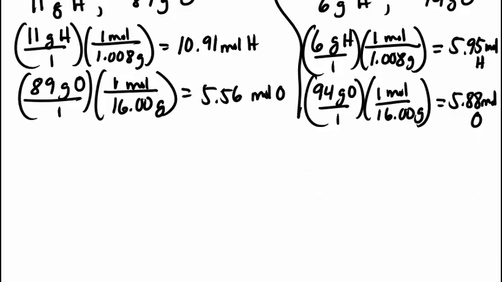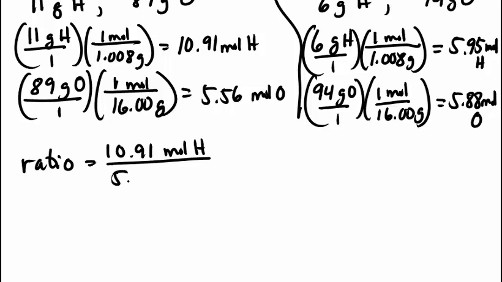Now take those and we do ratios of the larger over the smaller. For compound A, that's 10.91 moles of H over 5.56 moles of O. That ratio is approximately 2.